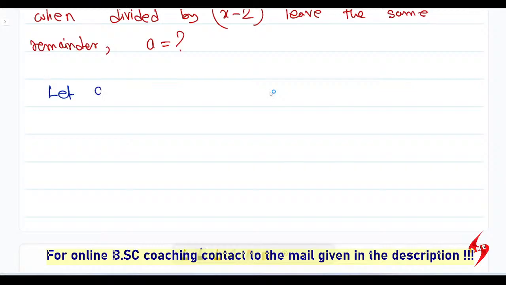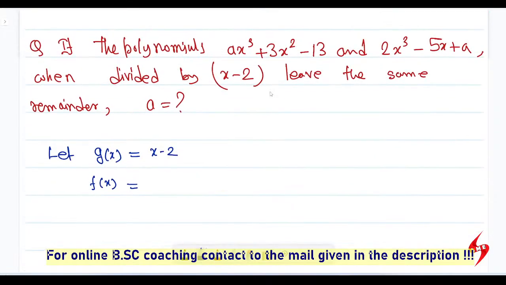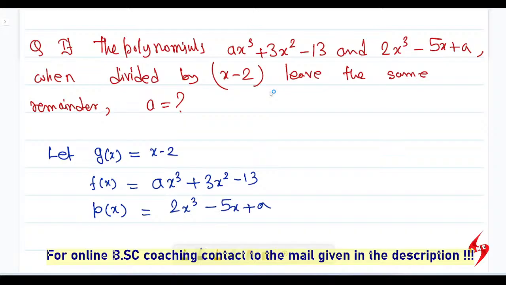Let g of x equals x minus 2, f of x equals ax cubed plus 3x squared minus 30, and p of x is 2x cubed minus 5x plus a.